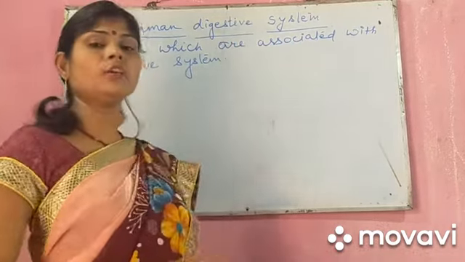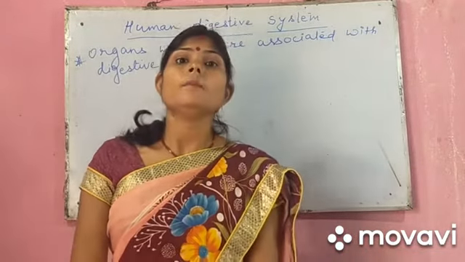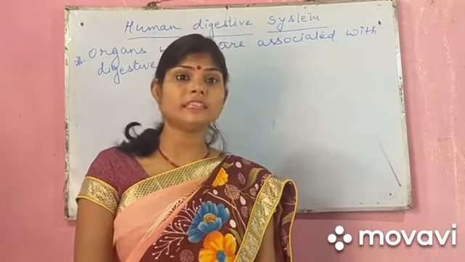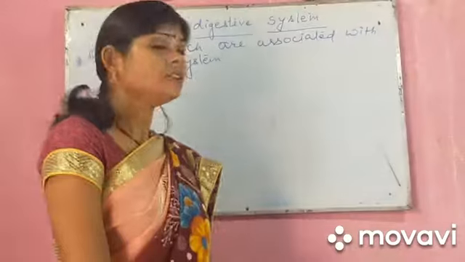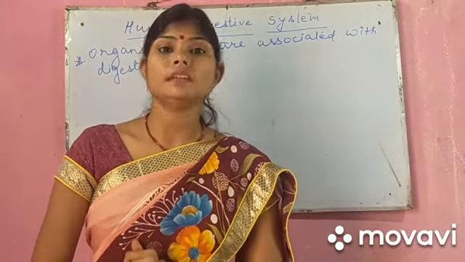We have many organs in our body such as eye, ear, nose, tongue, but not all of the organs are associated with digestion in our body. Hence, there are only a few organs which are associated with the digestive system.